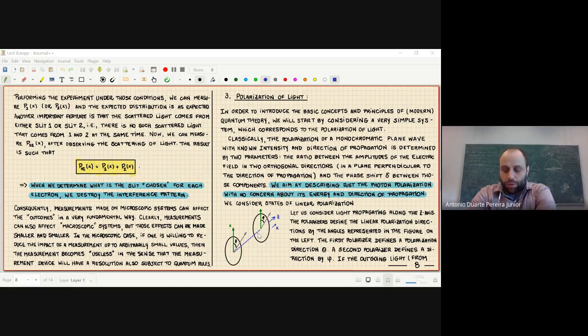Either the photons will pass through, or they will not. There is no such thing as passing half of a photon. So if I send a beam of photons, I have to tell you whether the photon passed through or did not pass.